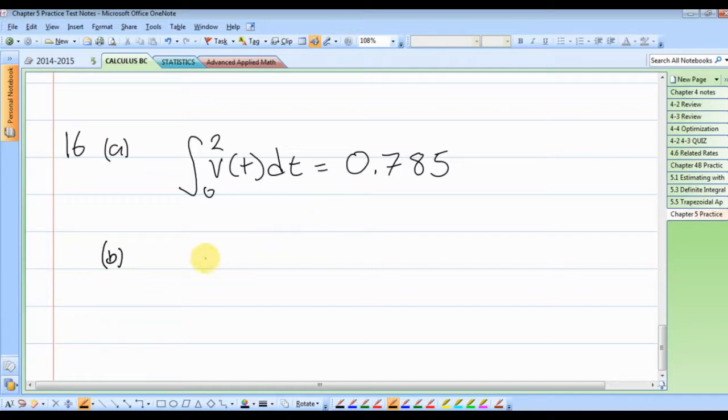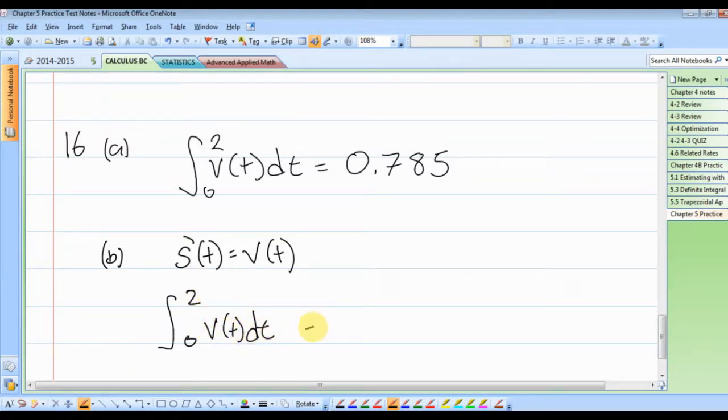It is position. The derivative of position, s prime of t, equals velocity, right? Therefore, the integral from 0 to 2 of velocity of t is equal to the integral from 0 to 2 of s prime of t dt.